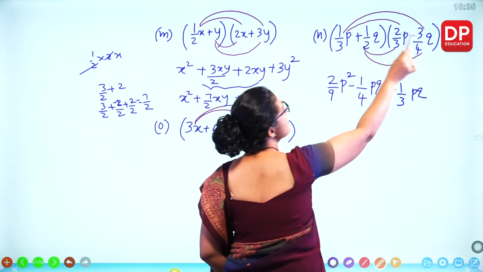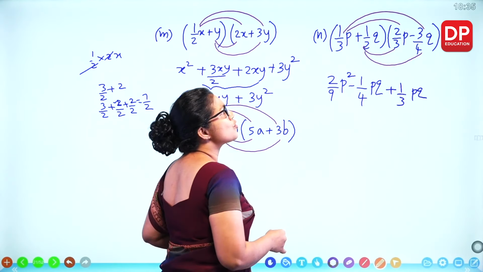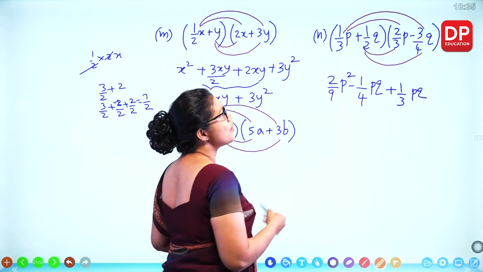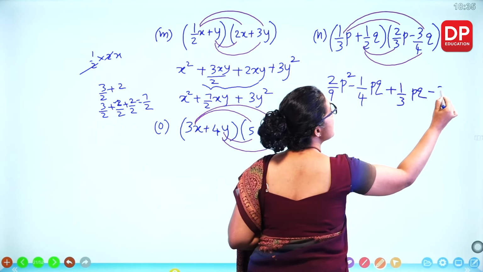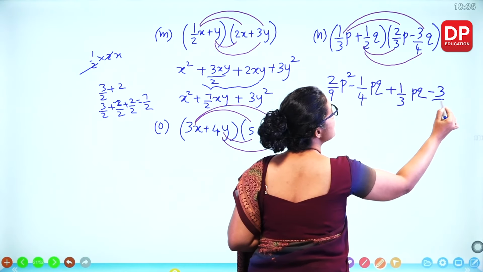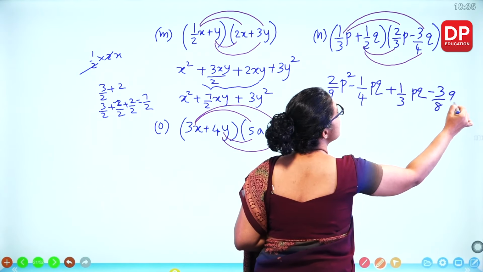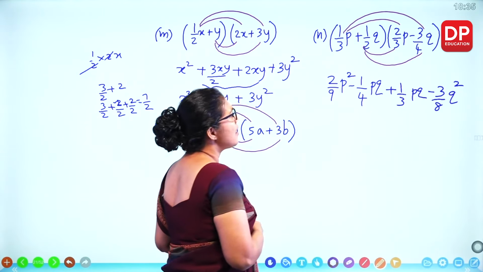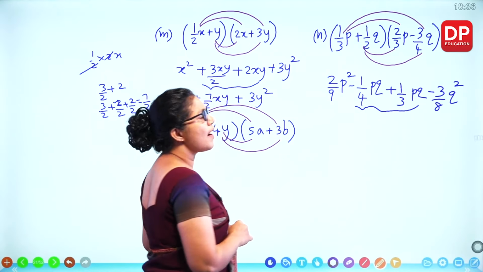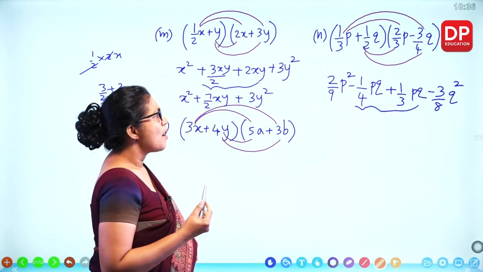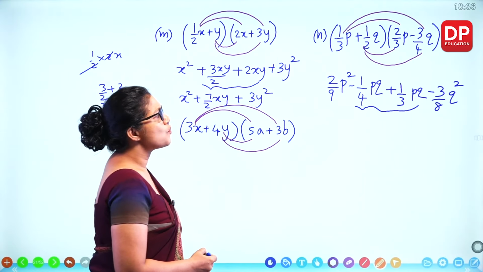So here we can't see common factors to the numerator and denominator. You can multiply separately. -3 times 1 is -3. 2 times 4 is 8. So you get -3/8 q squared. Now we'll see whether we can simplify. Yes, we need to simplify these two terms. -1/4 and +1/3.